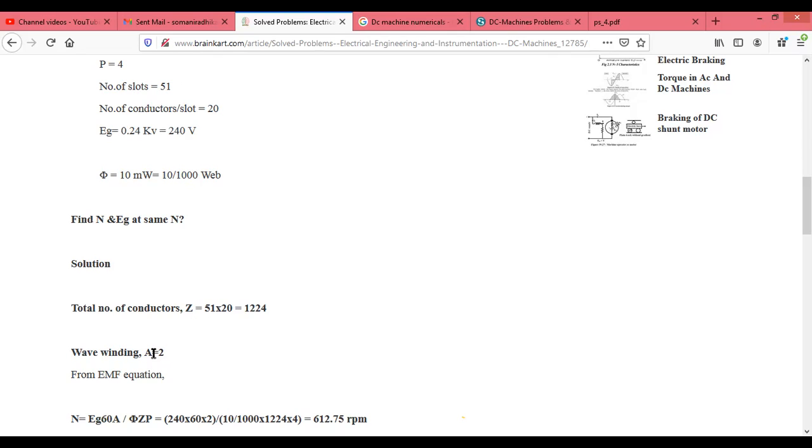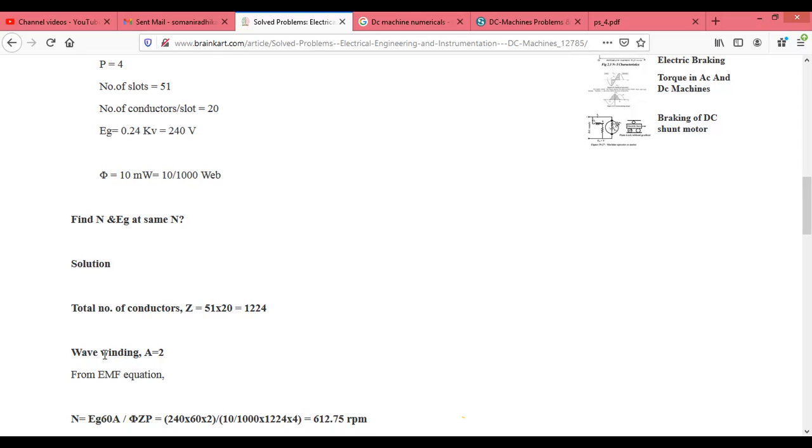In the first PDF we saw, we were using the letter C for the cross sectional area. You can use C or you can use A. In the PPT and notes I shared, we are using A. But if there is a wave winding, you can take A equal to directly 2.